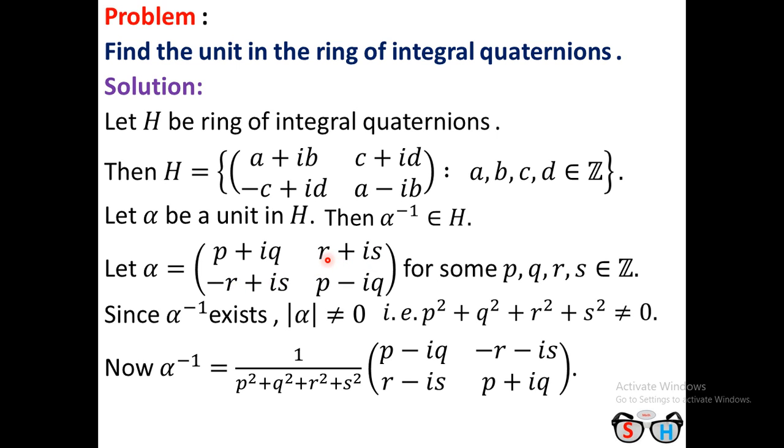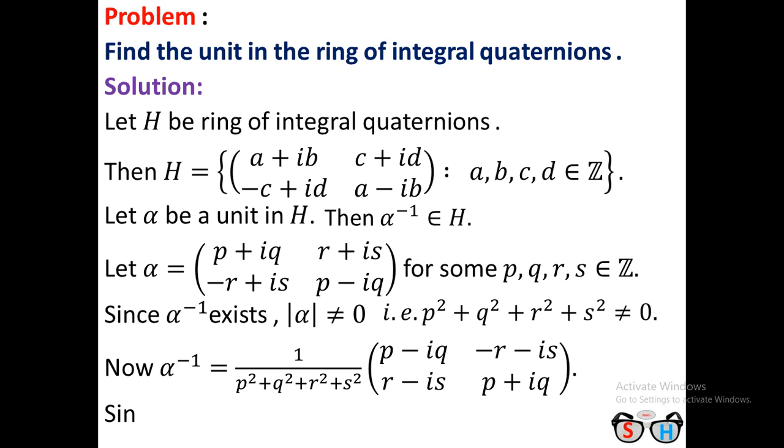Actually, we have to put R plus IS, R minus IS in place of that, and then take the transpose, but here I take the transpose directly. Please calculate alpha inverse yourself. However, since alpha inverse belongs to H, that determinant must be 1. Otherwise, alpha inverse does not belong to H.